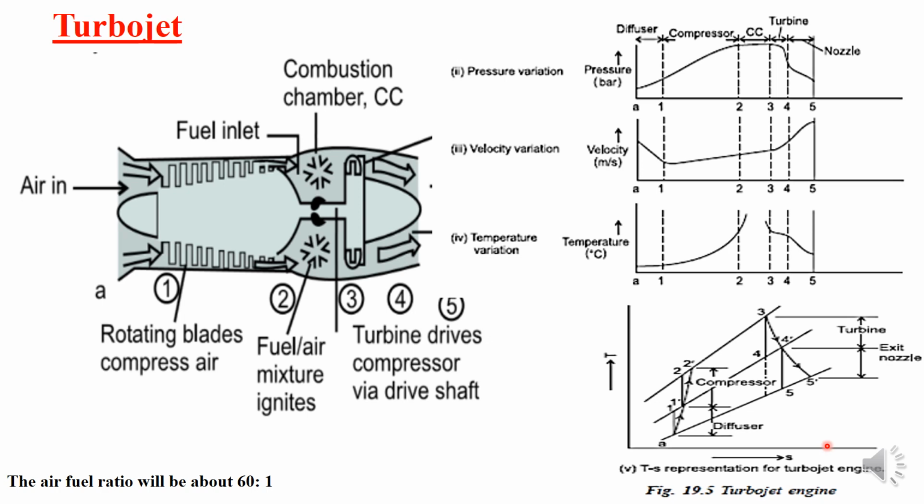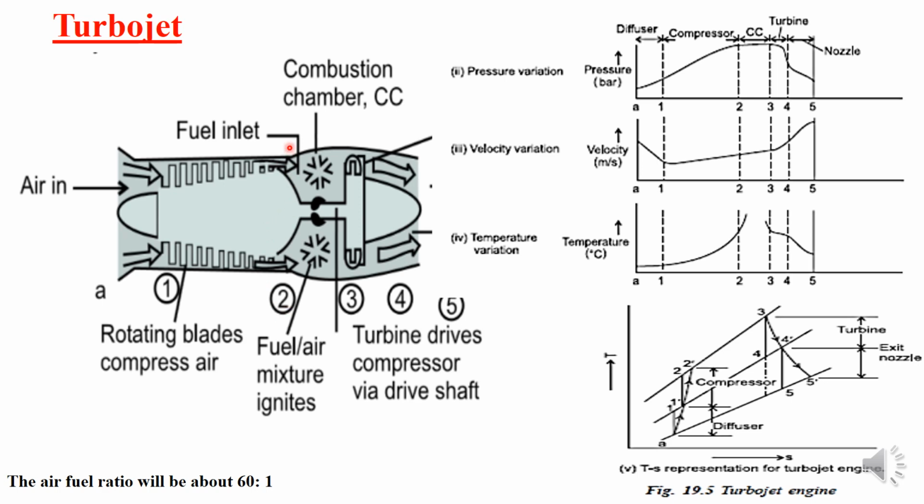In the turbojet engine, air will be coming into the diffuser. In the diffuser itself it is slightly compressed, slightly above the atmospheric, at the end of the diffuser, and that will be going inside the compressor. Hence, since the pressure is more than atmospheric, there will be a ramming effect at the inlet of the compressor, or we will call it ramming action. Then it is going inside the compressor, where it will compress to the required pressure at the end of compression.